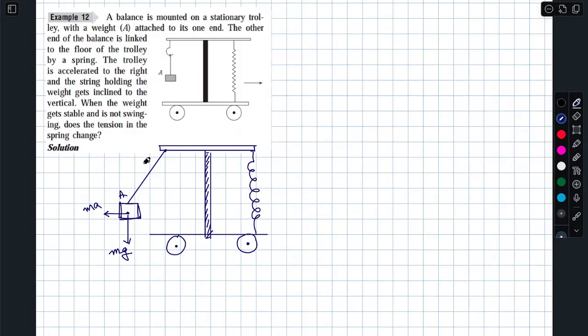That's the deal. Now you have some tension T, and that makes an angle theta with the vertical.